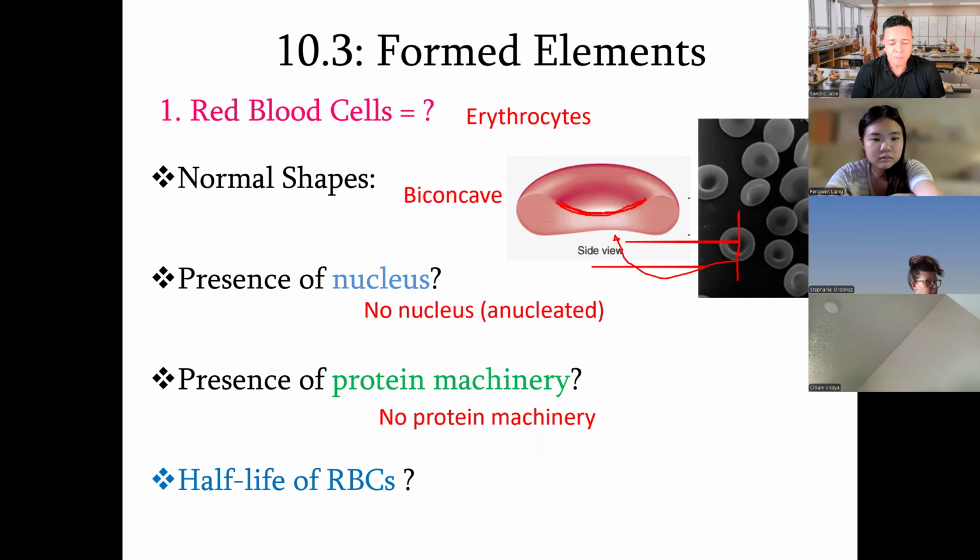And the reason why red blood cells lost all of these structures, all of these organelles, guys, during the process of evolution, is because red blood cells became extremely specialized in what they do. What is it that they do? They carry oxygen gas, okay?